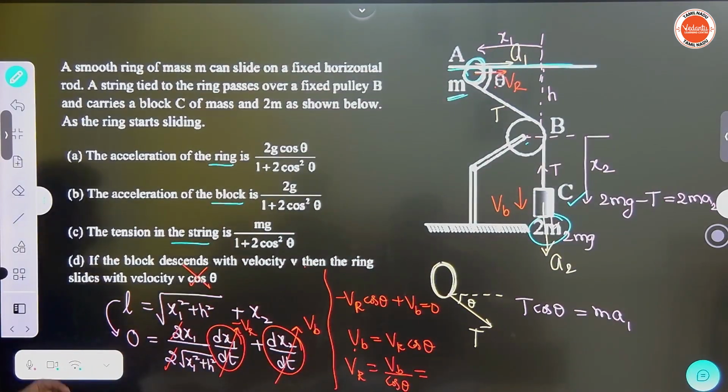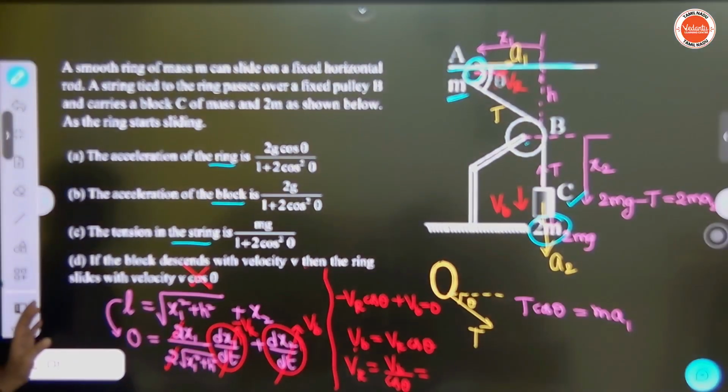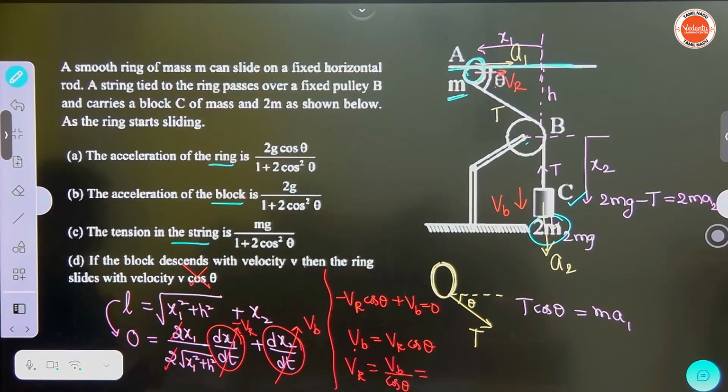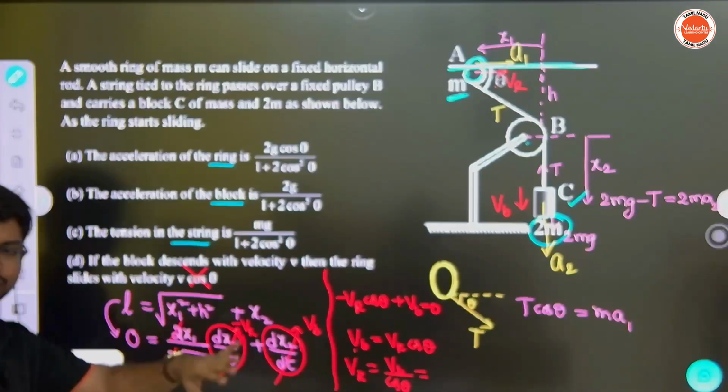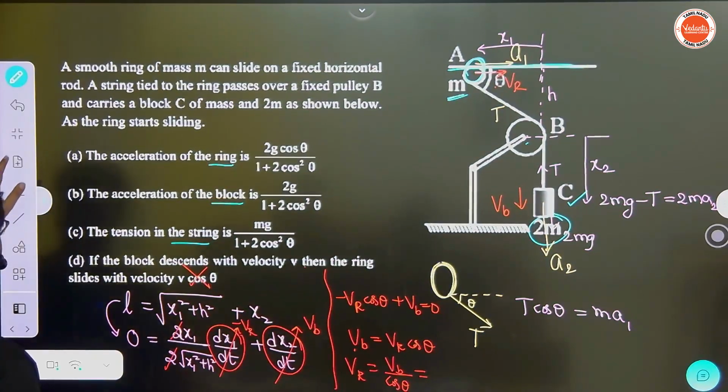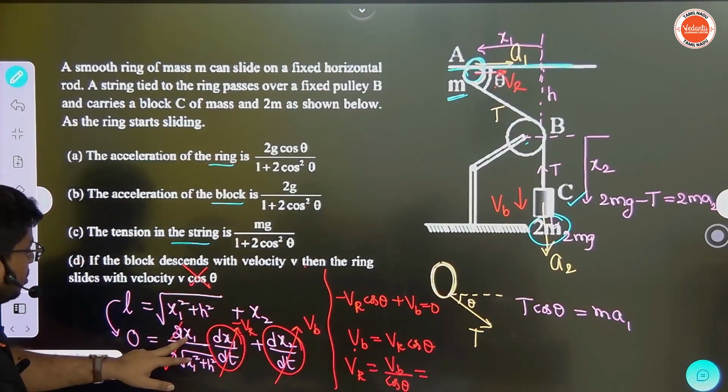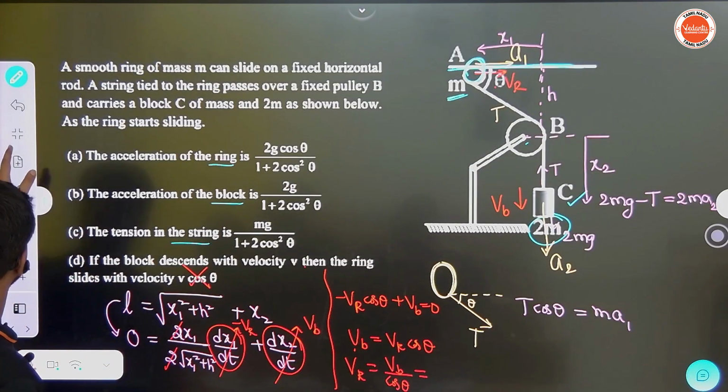Now we need the relation between the accelerations. For that, let us take this equation and continue ahead. Just remember this one. This is x1.